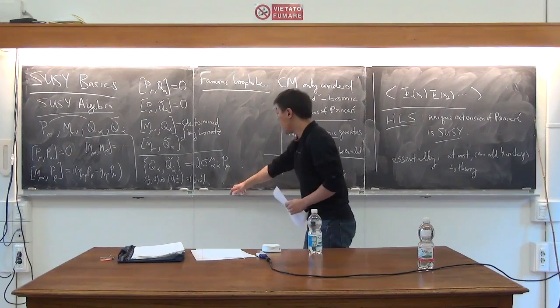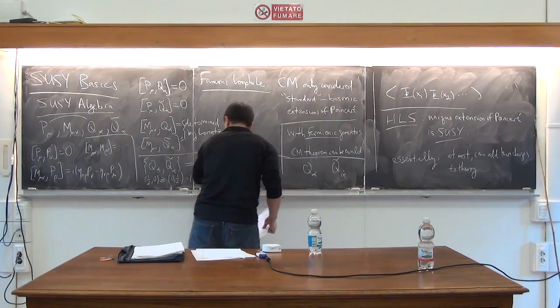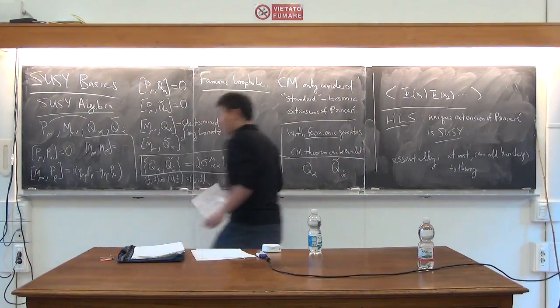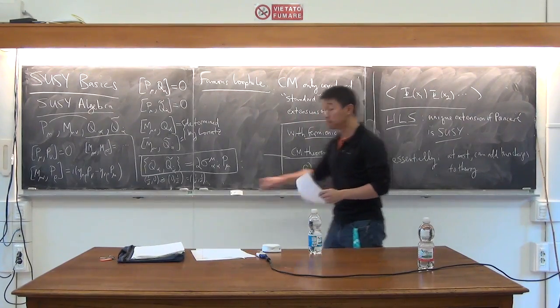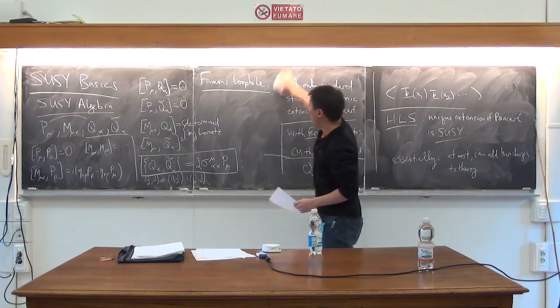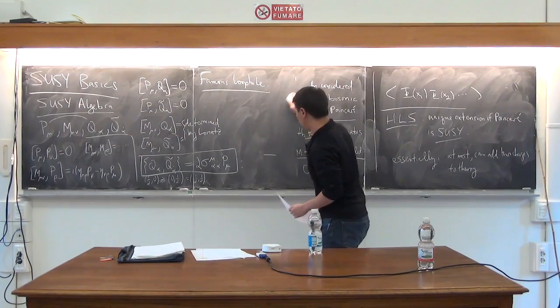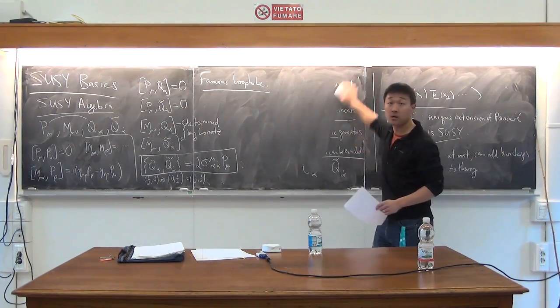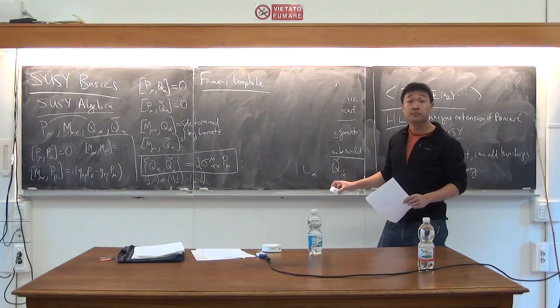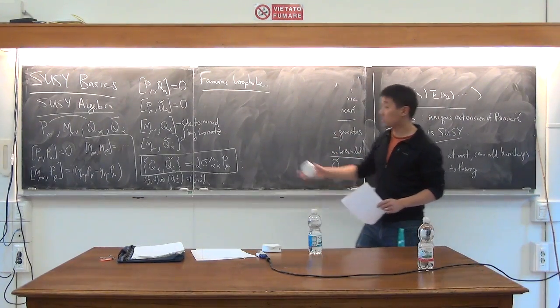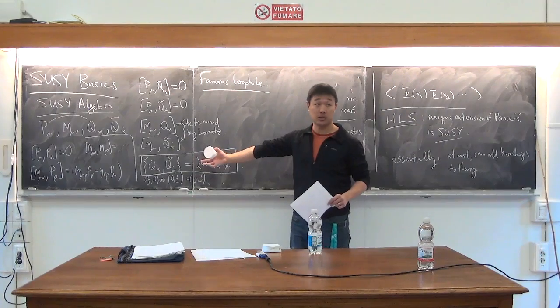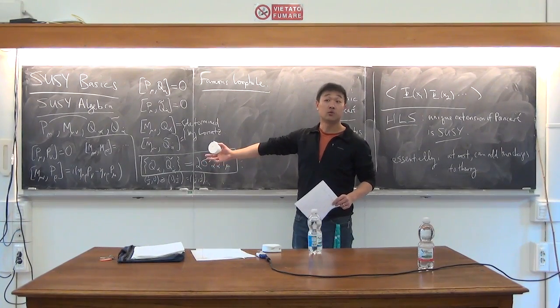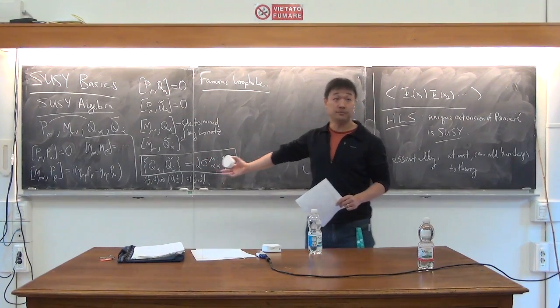So that is the crux of the SUSY algebra, and I'm almost done with it. There's one more anti-commutator that I have to talk about. I've done almost every single possibility here, but there's one that I haven't done yet.